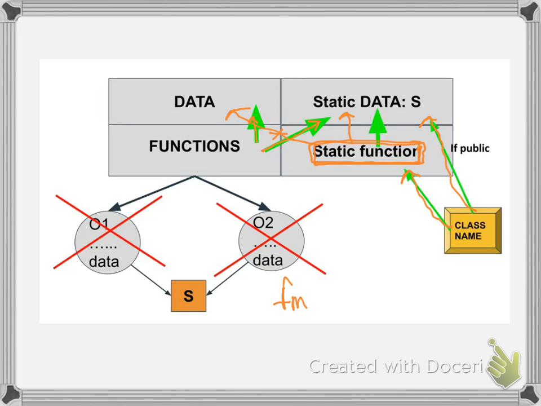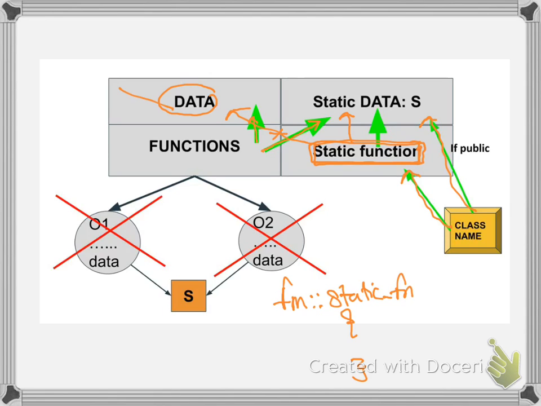So if I have a class called family member, this family member can go on and invoke your static function, and it can do this much before any object is created. Then if it is doing this before any object is created, should it be able to change this data? That does not make any sense, right? Because this data comes into existence only after your object is created.